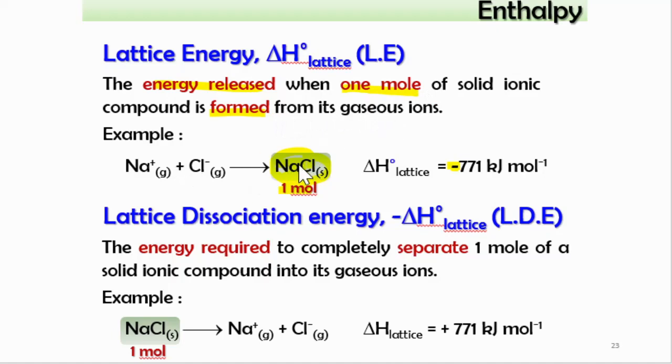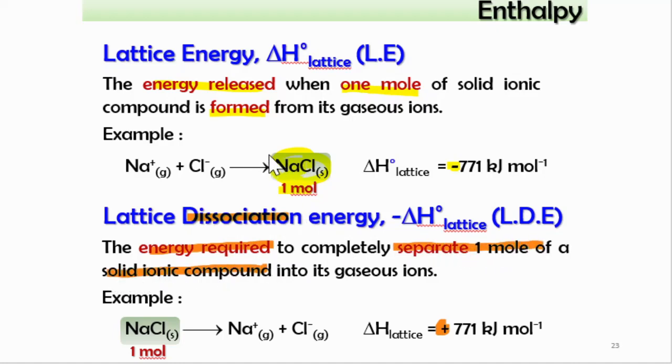So you can see for NaCl, it is formed from Na+ ion in gaseous state and Cl- ion in gaseous state. Okay, so for lattice dissociation energy, it is the energy needed or energy required, so it will be positive, to completely separate or dissociate 1 mole of your solid ionic compound.